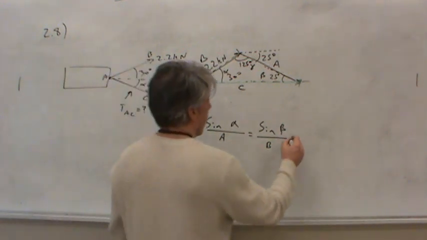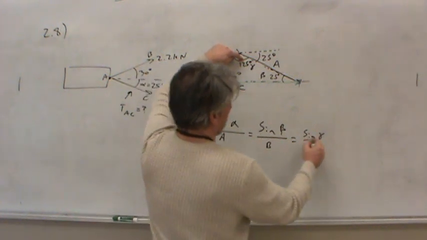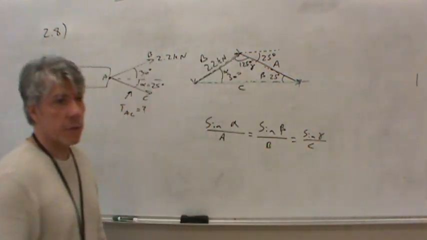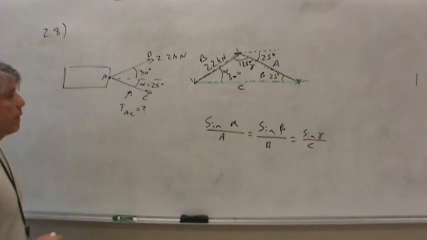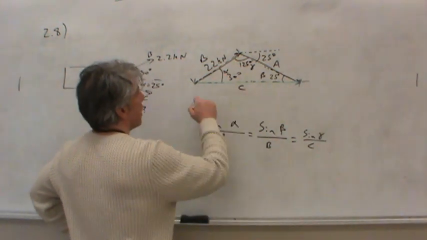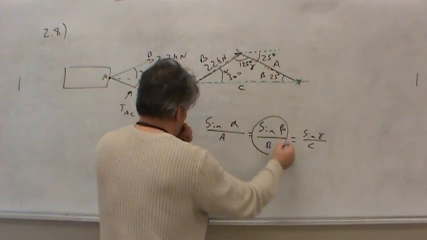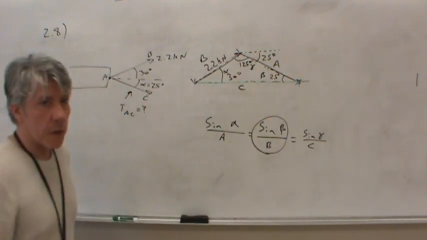And then sine of gamma, this angle here, over C should make all of this true. So if I know the length of one side and the angle, for example, I know B and beta, then I know what all these ratios are.